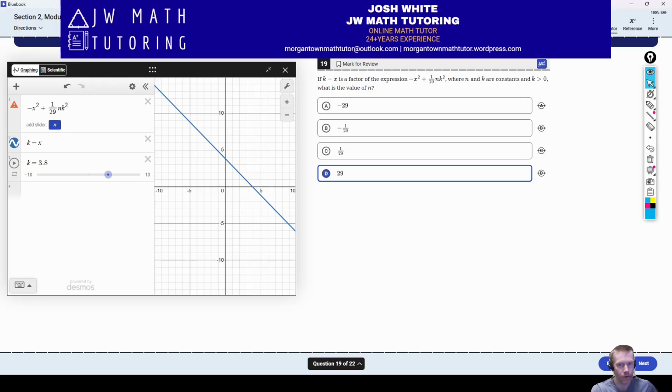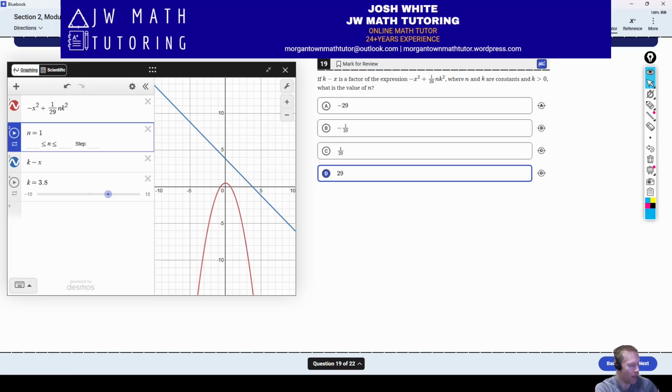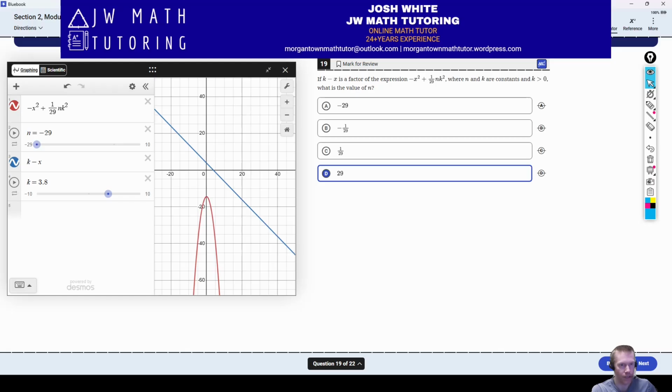Now I'm going to put in the possible answer choices for n. Essentially, what we're looking for is that the factor, which is the blue, and the original expression, the quadratic, which is the red, both need to have the same x-intercept in order for k minus x to be a factor of it.